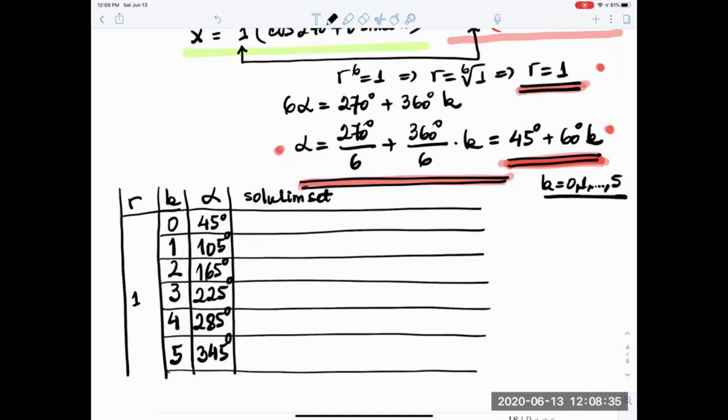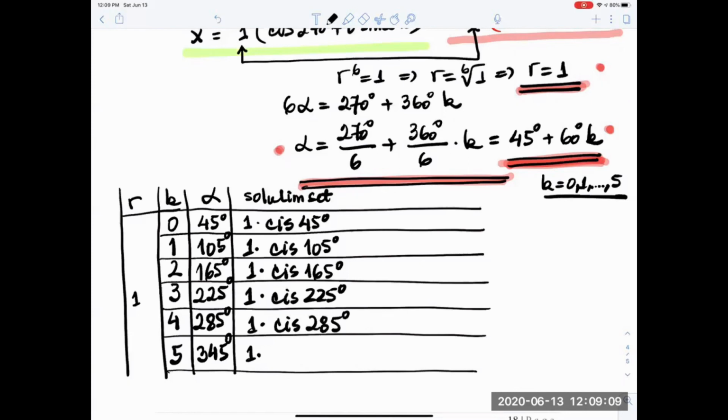So this one is r is 1, and then, let's put them in compact form, CIS of 45. 1 times CIS of 105. 1 times CIS of 165. 1 times CIS of 225. Finally, 1 times CIS of 285. Finally, 1 times CIS of 345.